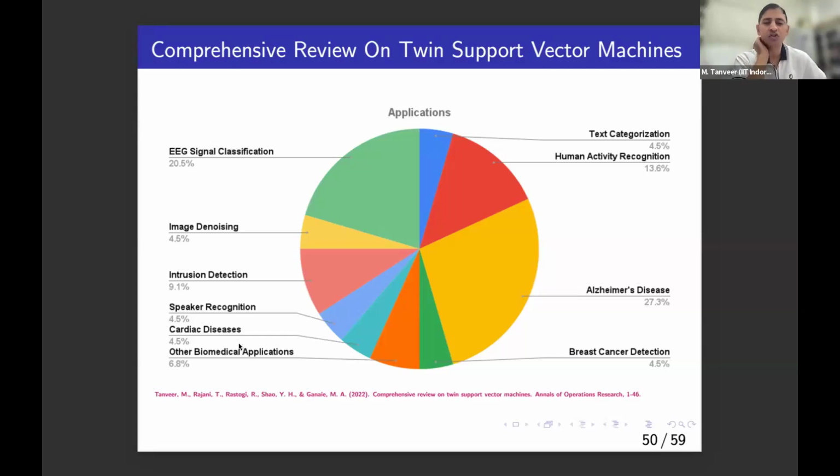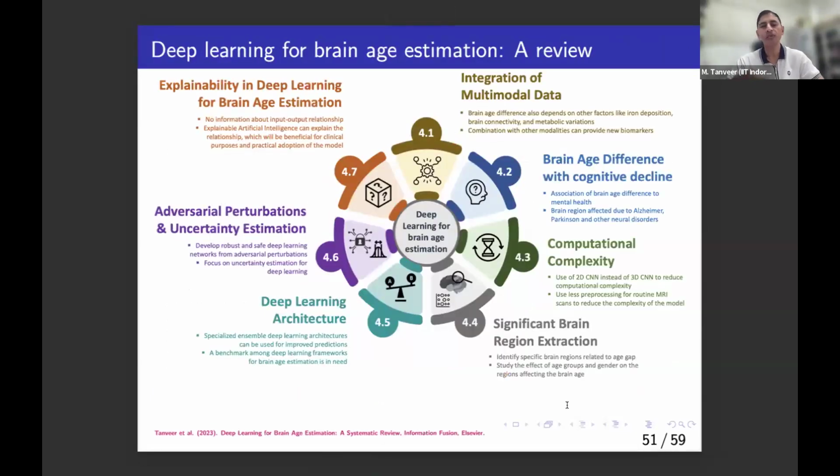So please see this paper. We have written a very detailed, comprehensive review on twin support vector machine. It was published in Annals of Operations Research in 2022. One can see this paper for more clarity. We have given our possible future directions and our recommendations.